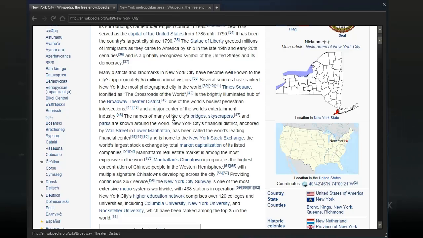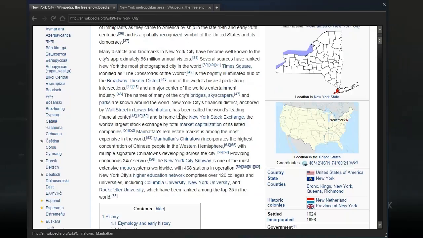The names of many of the city's bridges, skyscrapers, and parks are known around the world. New York City's financial district, anchored by Wall Street in Lower Manhattan, has been called the world's leading financial center, and is home to the New York Stock Exchange, the world's largest stock exchange by total market capitalization of its listed companies.